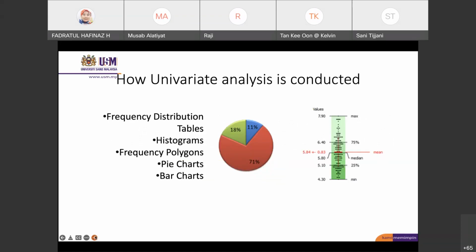Okay, how is univariate analysis conducted? Univariate analysis is conducted through several ways, which are mostly descriptive in nature. We can use the frequency distribution table, histogram, frequency polygons, pie chart, and also bar charts.